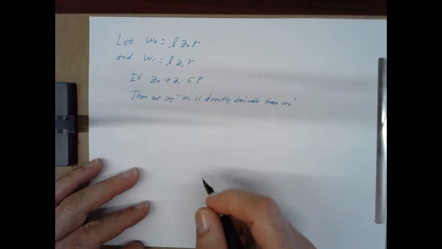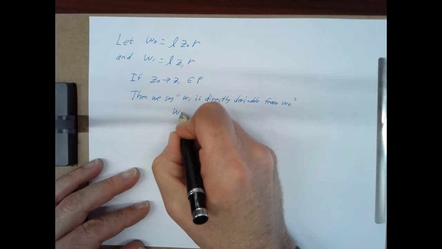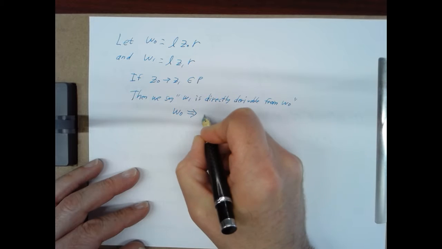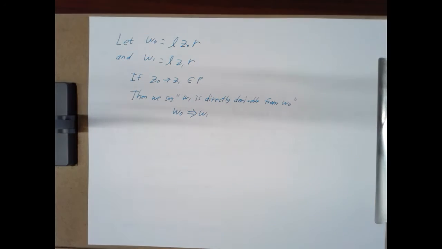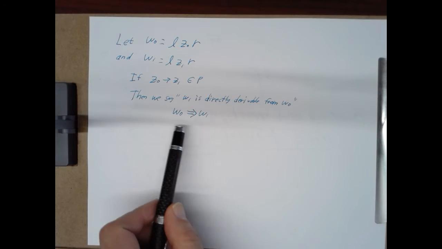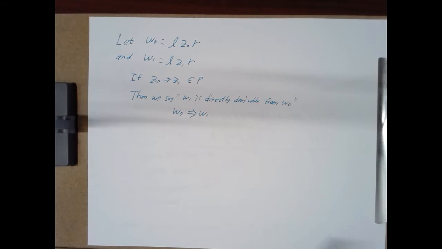And we can write this as W0 and a double arrow, W1. And it's nothing to do with propositional logic, right? It's just reusing the double arrow to mean something totally different. So this means W1 is directly derivable from W0.